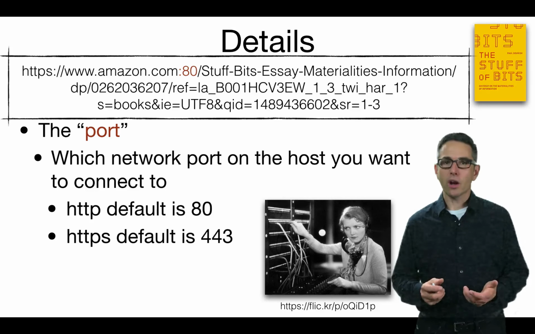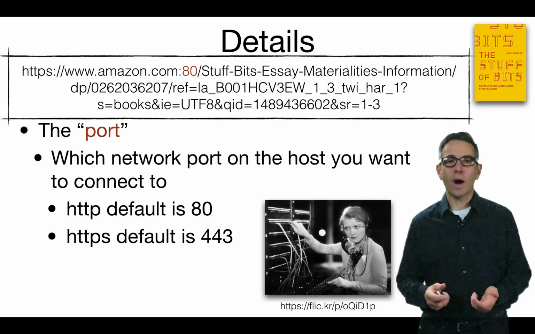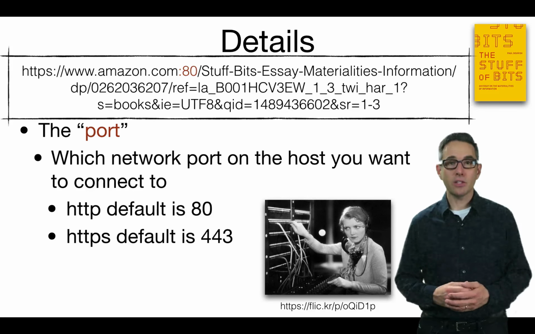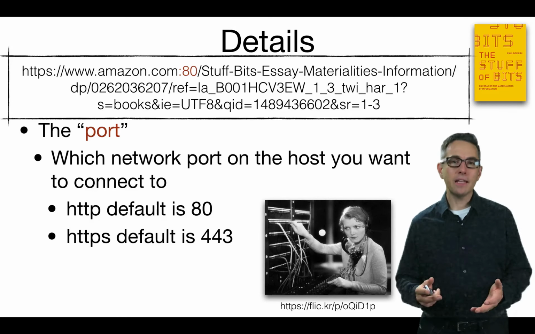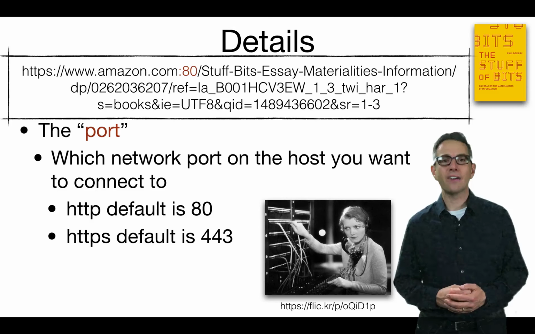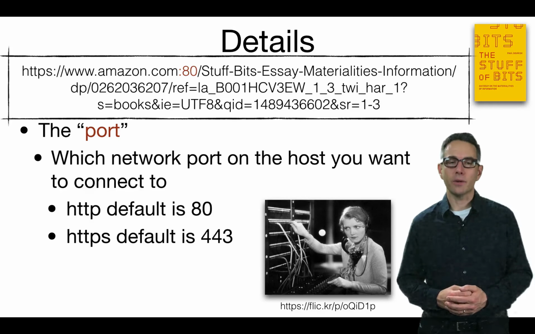Now these ports are no longer physical ports. They're not separate wires that are going into the computer. But you can imagine conceptually that they do work like different wires going into a computer. You can have any of a number between 0 and 65,536. So it's as if you have 65,000 different wires going into the computer.